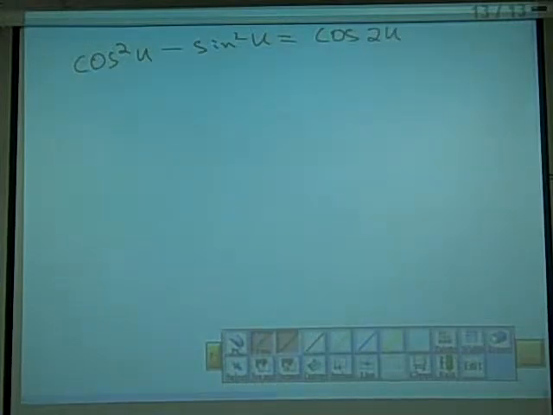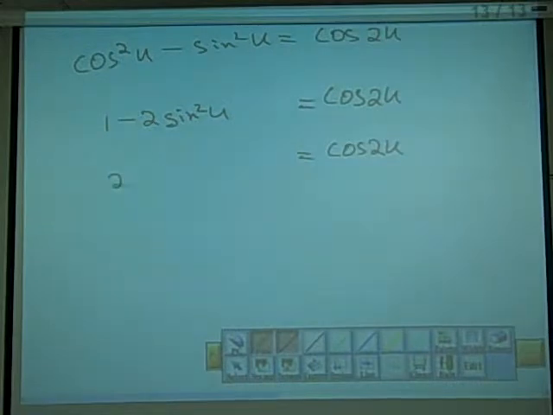Another identity for cosine 2u is 1 minus 2 sine squared u, and another one for cosine 2u is 2 cosine squared u minus 1.